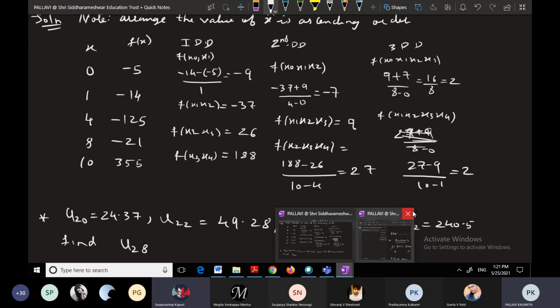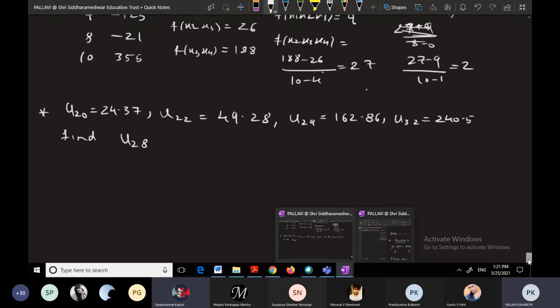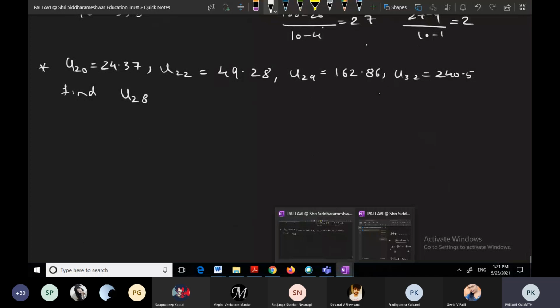Because most of the values were above half. That's why. No. So see here, you will be using the concept of first half, second half if you have equal intervals. So if you go on arranging, what is the first value? 20, 22, then 29 and 32. Are they equally spaced? No, ma'am.